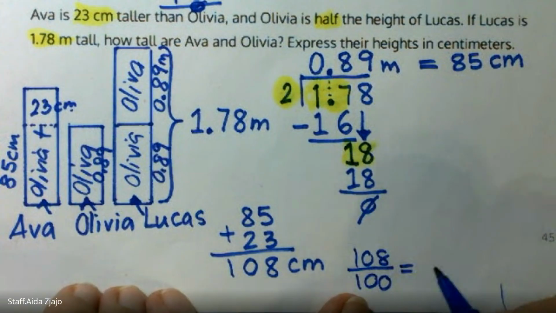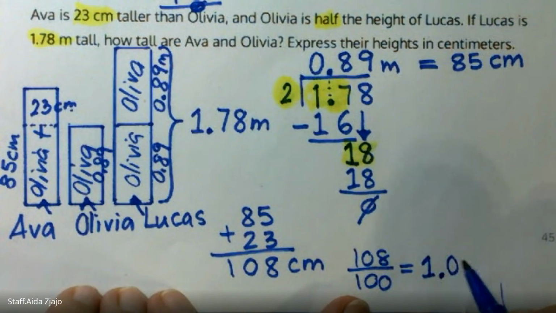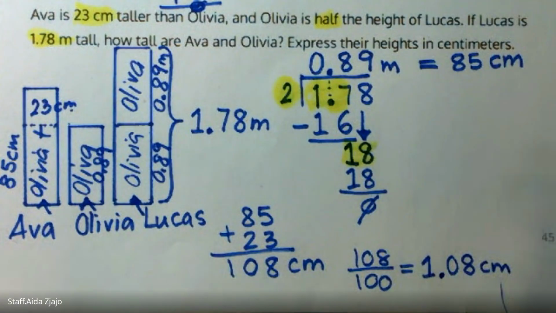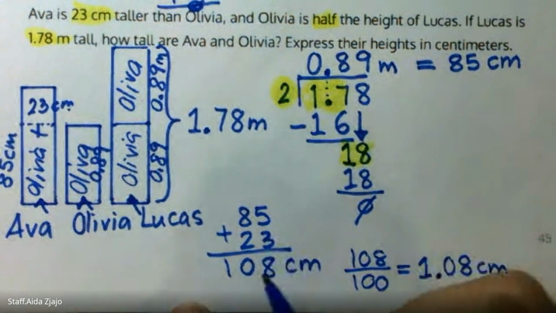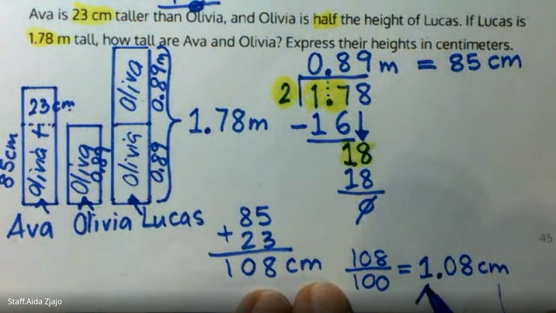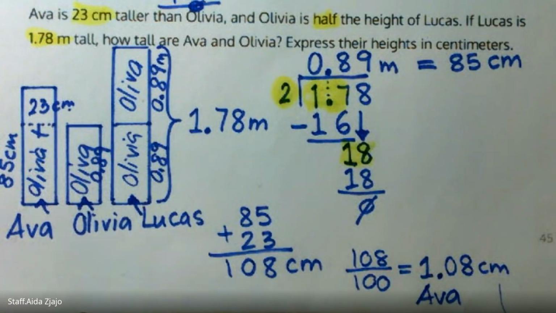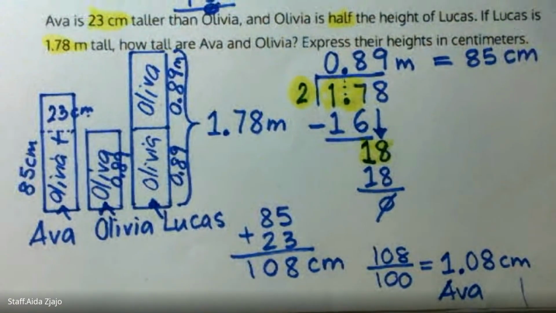So that is 1 whole meter and 8 centimeters, if you think in terms of meters. So this is Ava, or in centimeters. Let's express their heights in centimeters.